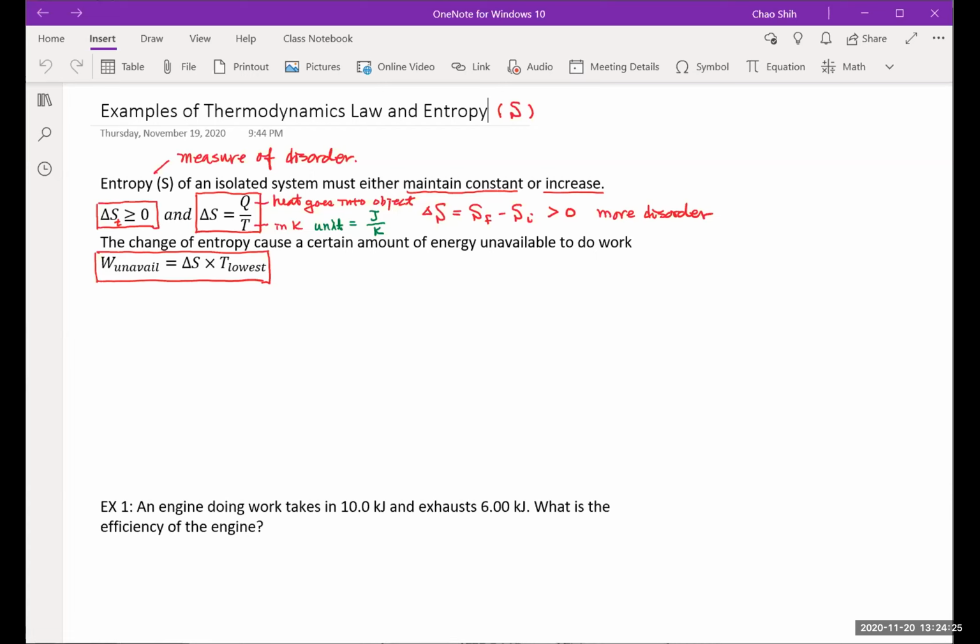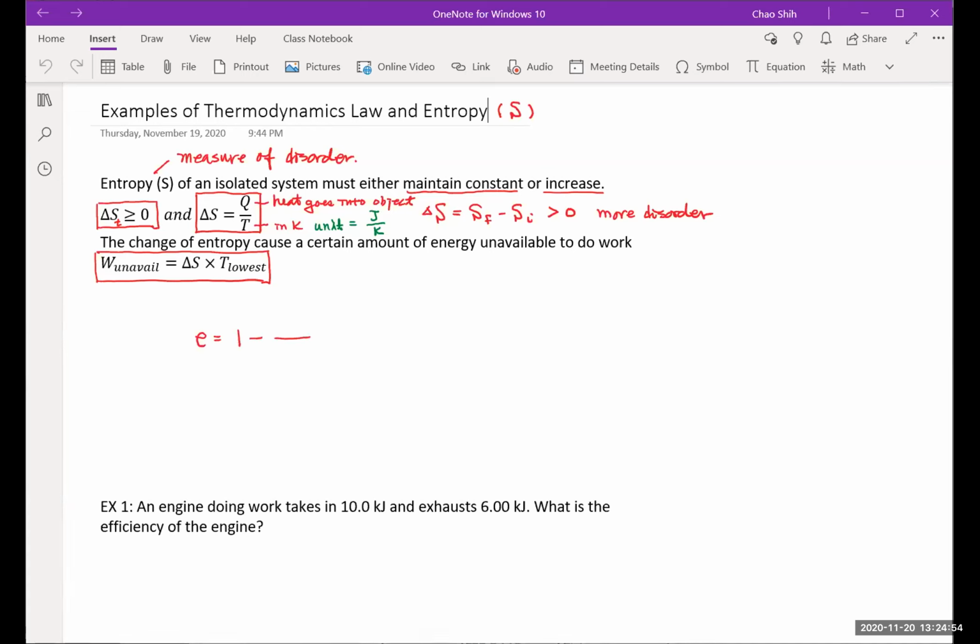Okay, so that is like a preparation for you to understand and to do the calculation. Let me write down one more equation. That equation is about the efficiency. I'm not going to spend time explaining how the heat engine works, and we're not going to give you a heat engine problem, but you have to know how to use this equation.